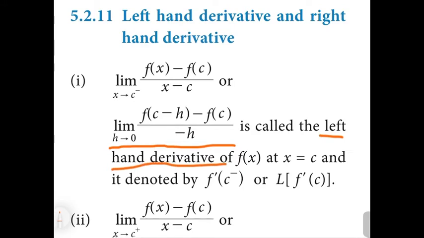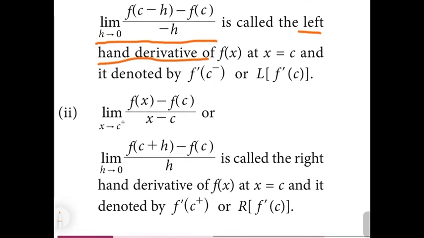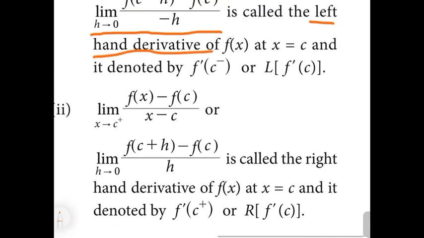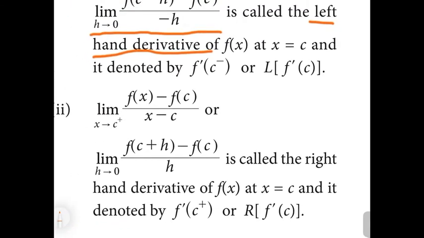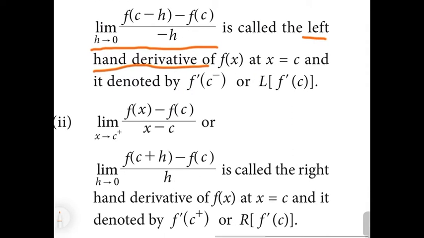Similarly, f of c plus h minus f of c divided by h is called the right hand derivative of f of x at x is equal to c. The left hand derivative is denoted as L of f dash of c or f dash of c minus. Similarly, the right hand derivative is R of f dash of c or f dash of c plus.